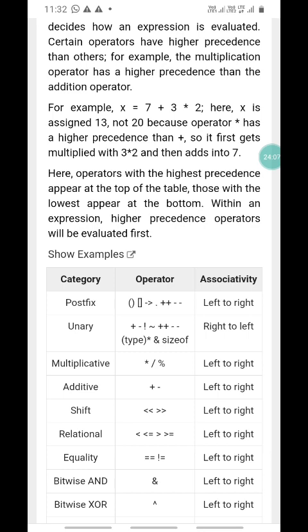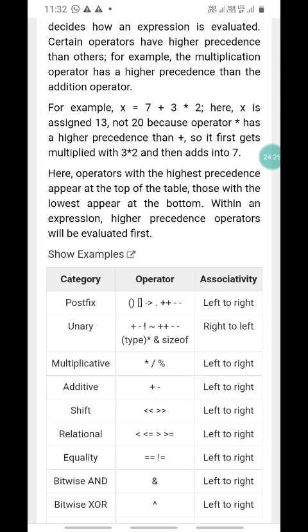Right to left covers sizeof, pointer, plus plus, minus minus, not, inverse, plus and minus.